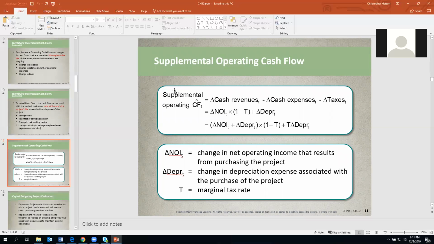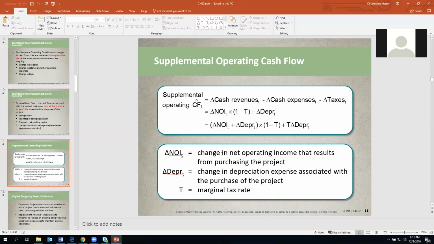Here's the calculation you want to look for. And sometimes when you do this a lot, just like algebra, you can leave a little bit of it out, but just for doing it the long way, long division kind of thing, this is where you want to be when you are calculating supplemental operating cash flow.